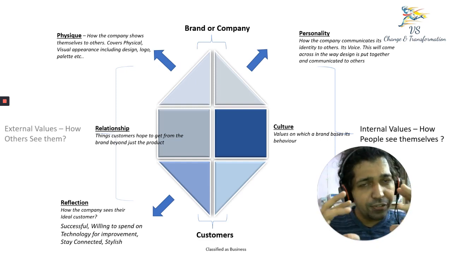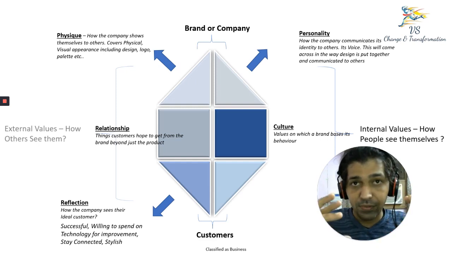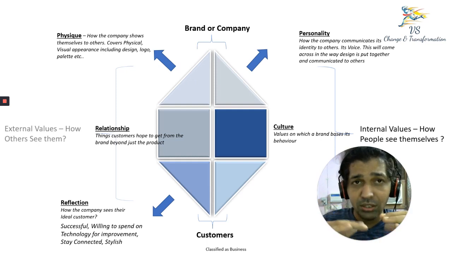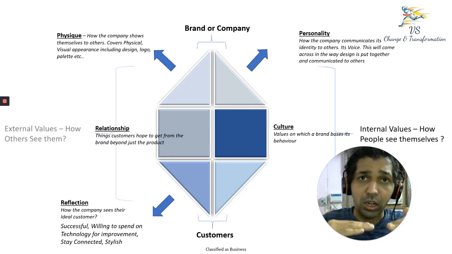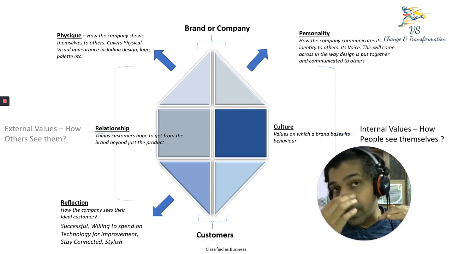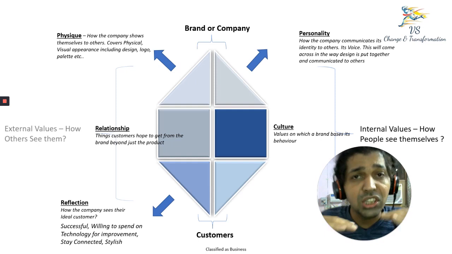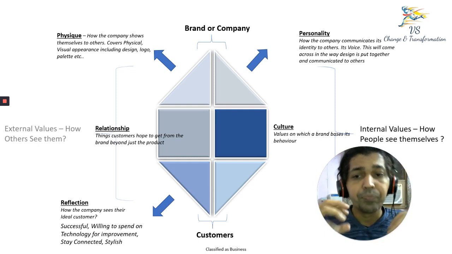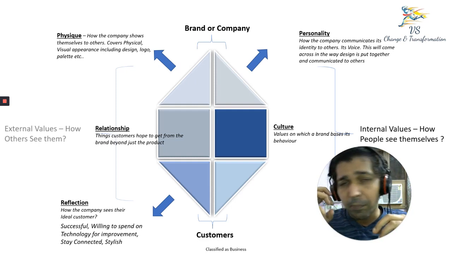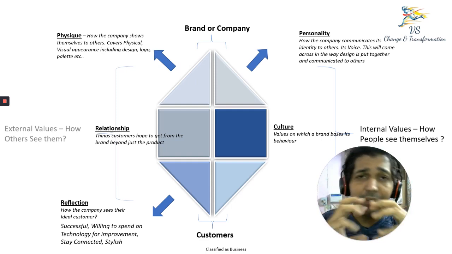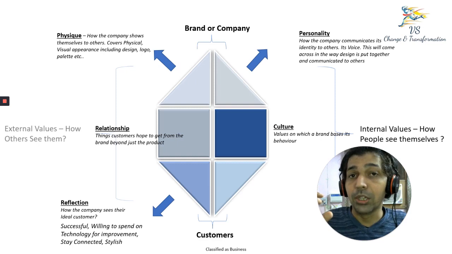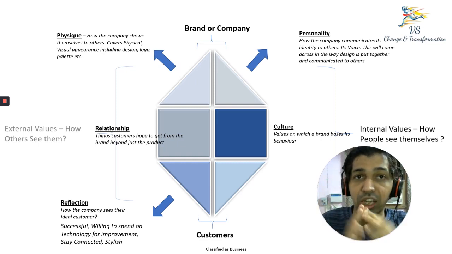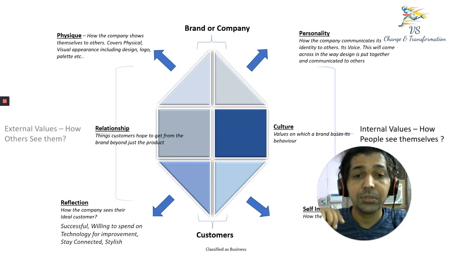So this is the kind of people whom they believe will be ready to buy a Mac, because Mac by any chance is not a very low priced product. This is the kind of customer persona they believe would be the one. And again, for each of their products, they could have a slightly different persona or a slightly different reflection of their customer style, but predominantly this is what it is.